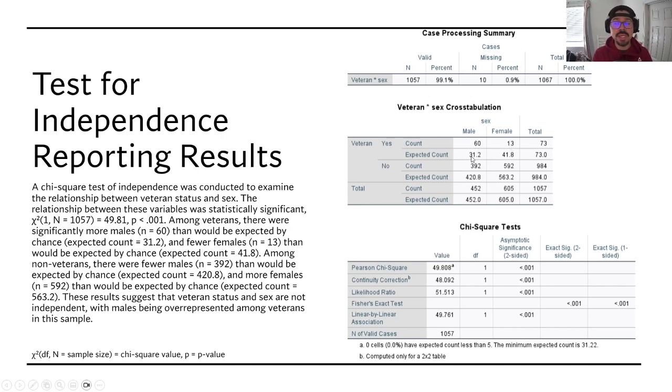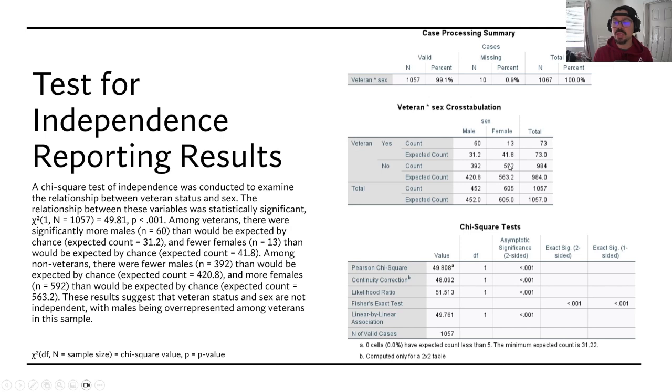For the males, we expected to see 31.2, but we actually saw 60, which means there were more males than expected. We also expected to see 51 females who are veterans, but we only had 13, so there were fewer observed female veterans than expected. For males who were not veterans, we had 392 as part of this sample, but we expected 420.8, so we did have fewer males who were not veterans.